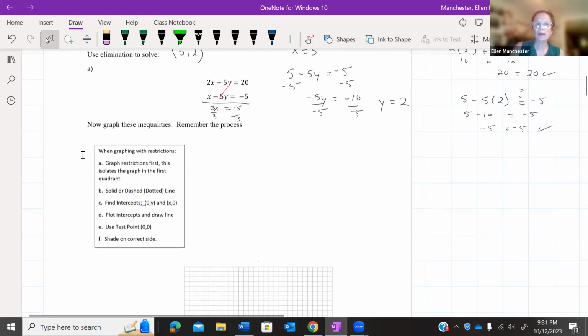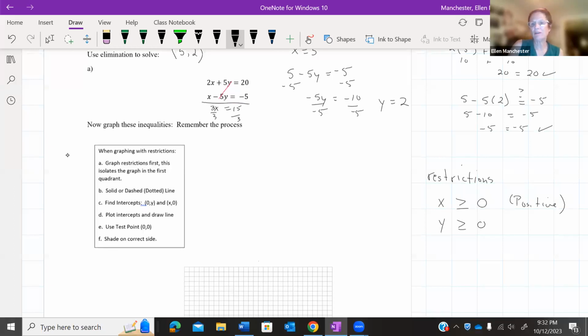So when you're graphing and you have restrictions, right? A restriction is when the x values have to be greater than or equal to 0. And what that means is we have positive values. The other restriction is when the y values are greater than or equal to 0. So those are also positive values.